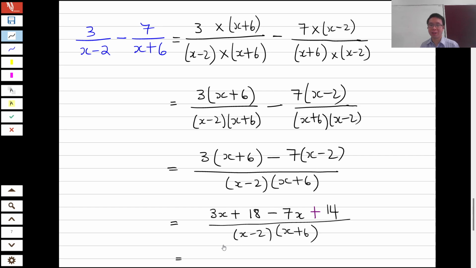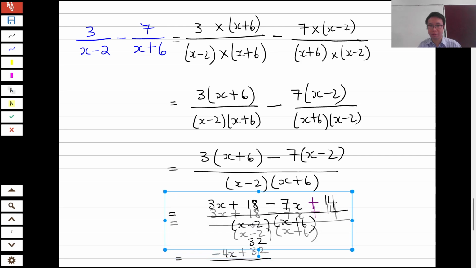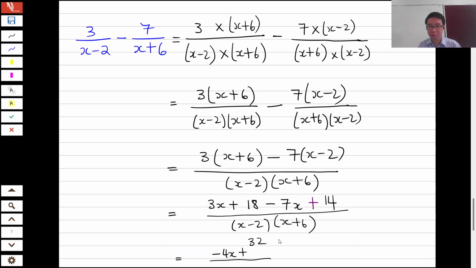Okay, 3x minus 7x gives me negative 4x, and 18 plus 14 gives me 32. And that's it. Now we can't simplify any further. Okay, so negative 4x plus 32 divided by x minus 2, x plus 6.